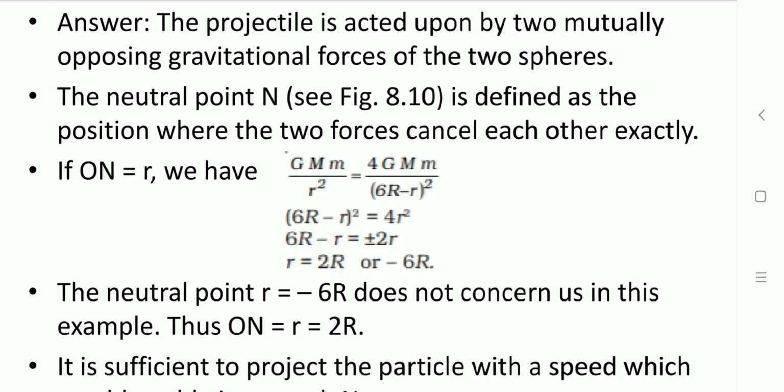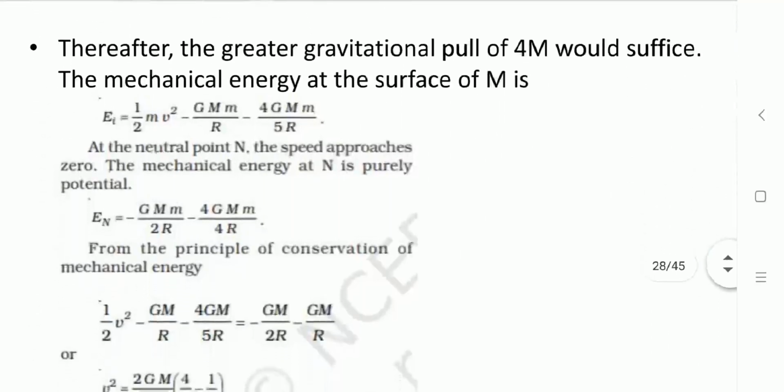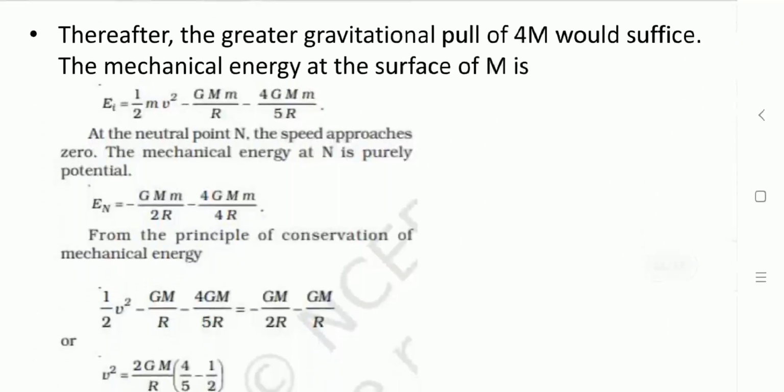Here it gives you the speed at which we can reach the neutral point N. Since the greater gravitational force of 4M is available, with mechanical energy of capital M, the total initial energy Ei equals 1 half mv square minus GMm by R minus G 4Mm by 5R.